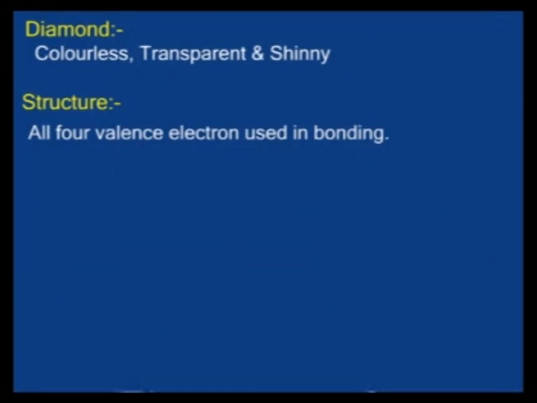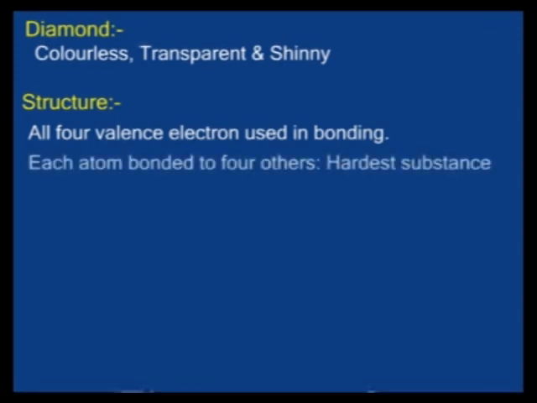Structurally, in diamond, all the 4 valency electrons of carbon are used in the formation of the strong covalent bonds. Each carbon atom is thus bonded to 4 other carbon atoms, producing the hardest known substance.